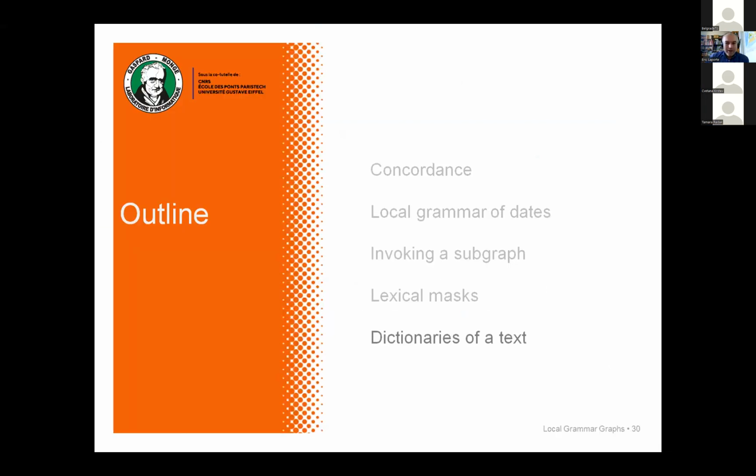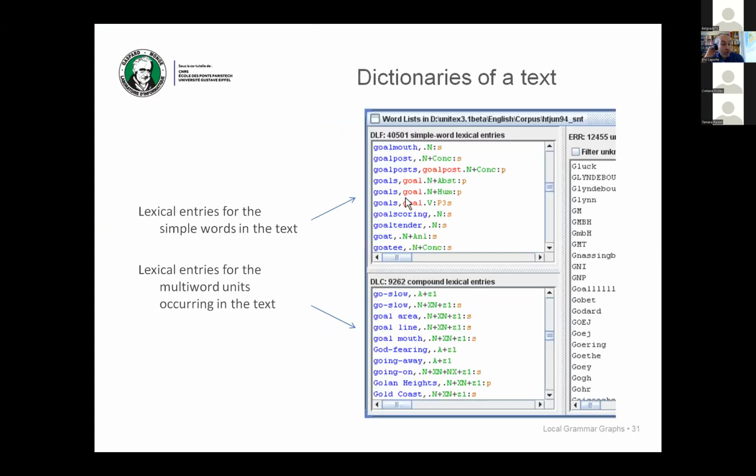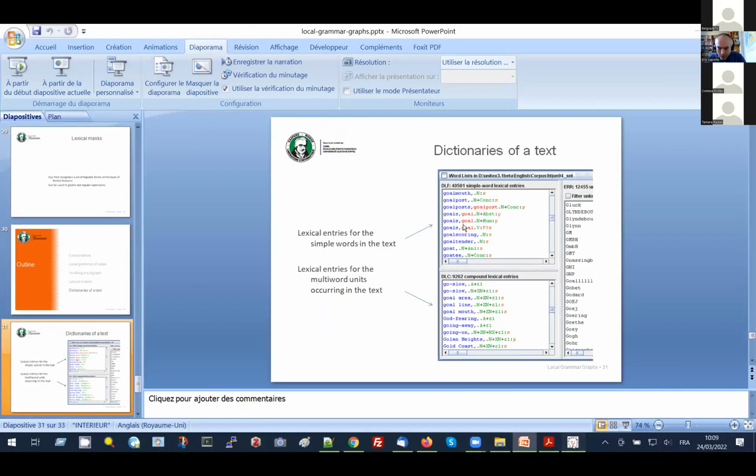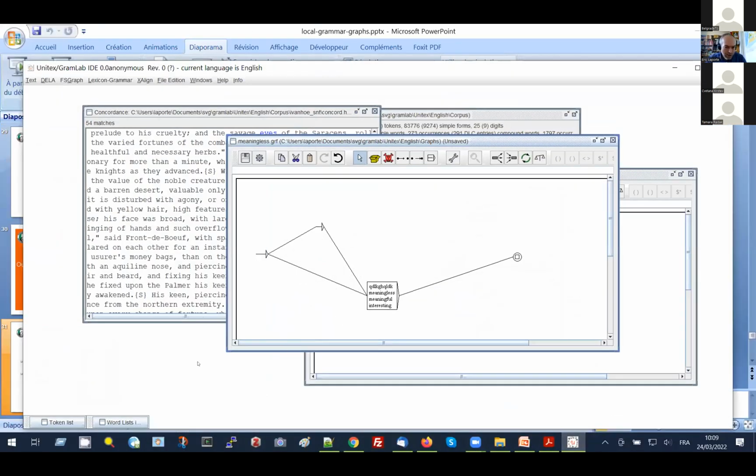Okay, now to be able to use lexical masks professionally, the secret is to look at the dictionaries of the text. If you look at your Unitex screen, you should see in the bottom word lists window, a word lists icon.